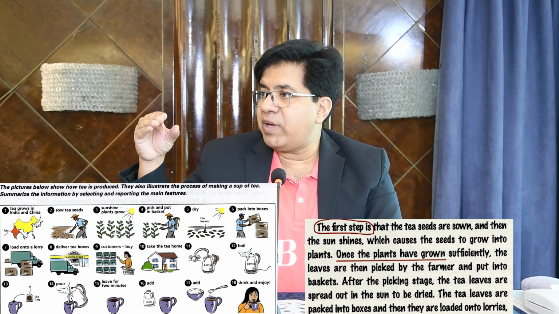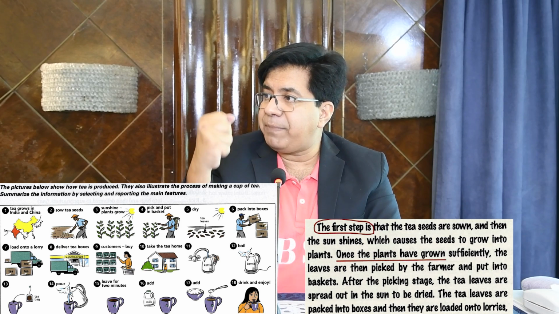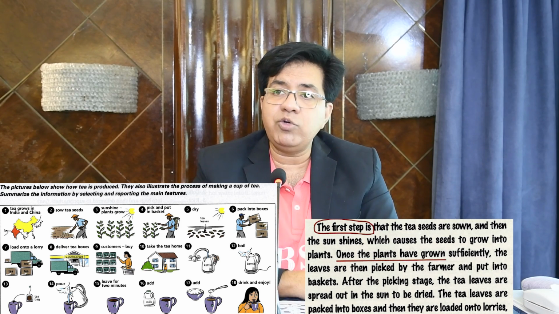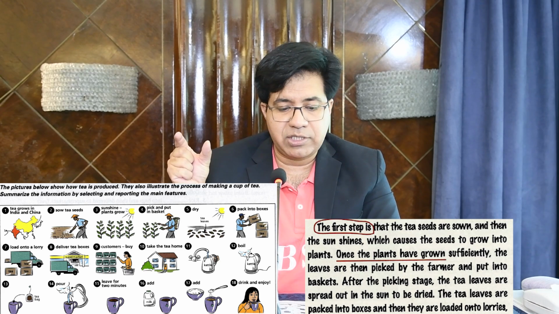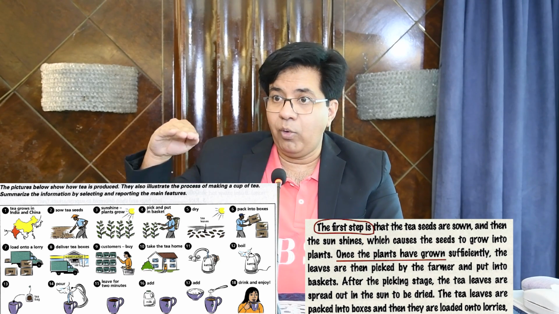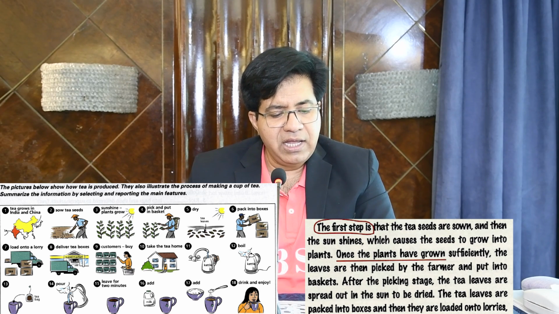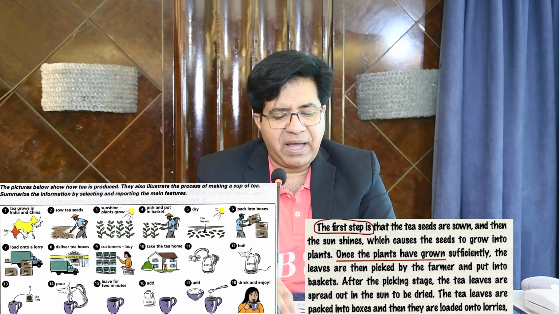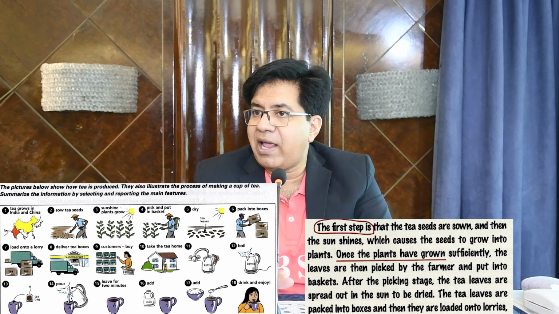When you want to switch from one procedure to another, when you want to say after the completion of this procedure, for that you use present perfect, because we use present perfect for completed actions. So once the plants have grown, this action is completed, the leaves are then picked by the farmer and put into baskets. Can you see that in the diagram?